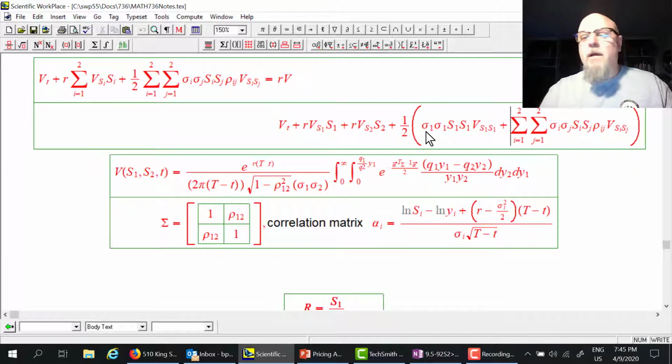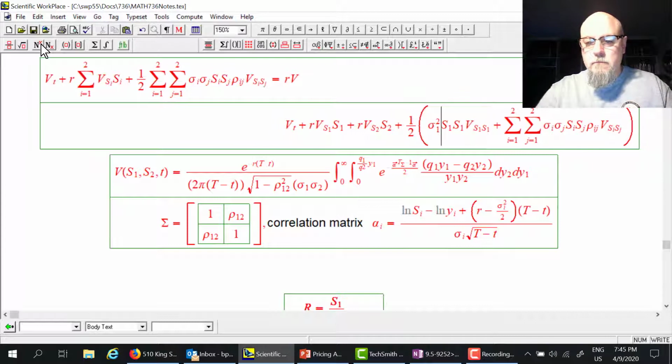Okay, sigma 1, sigma 1. Let's just write that as sigma 1 squared. So there's the 1, 1 piece. Next, we'll write the 1, 2 piece.